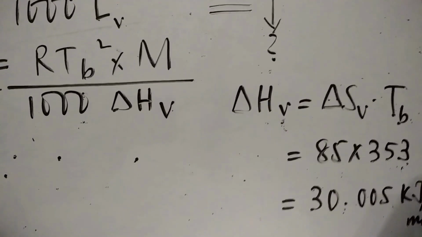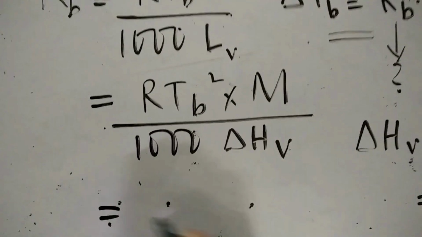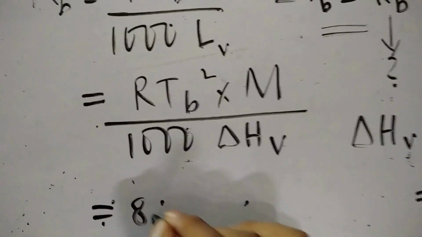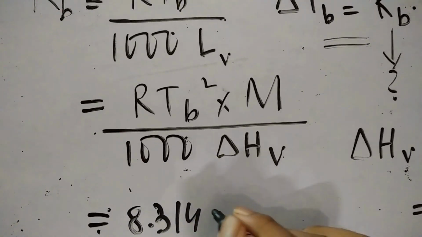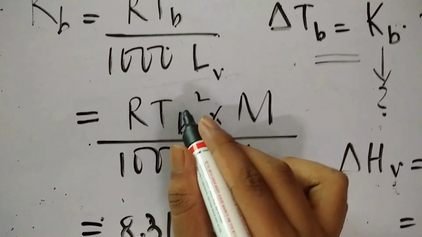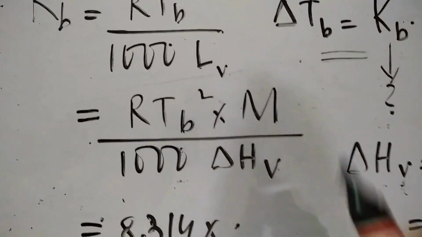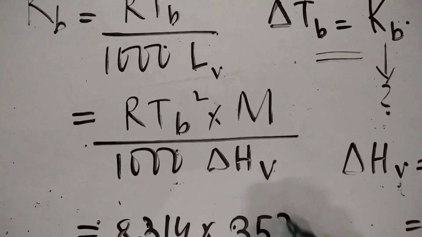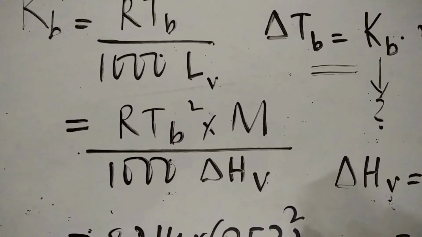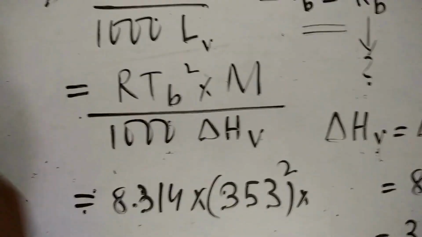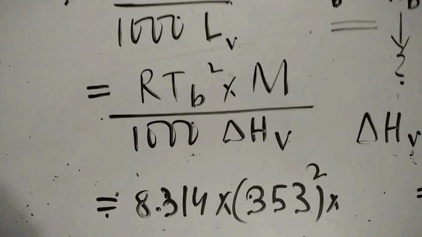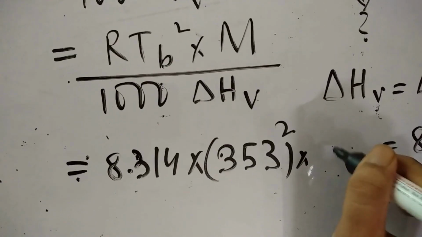So this is the value of delta H, and if we place the value of delta H in this equation, we get 8.314 multiplied by T_b, which is the original boiling point of the solvent, so it is 353 squared, multiplied by the molar mass of the solvent, which has been given as 80 gram per mole.